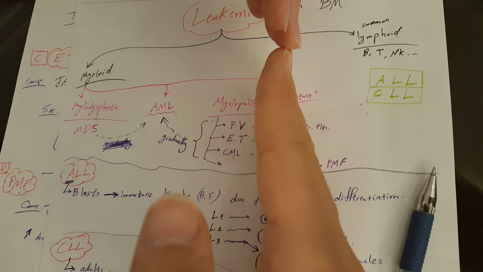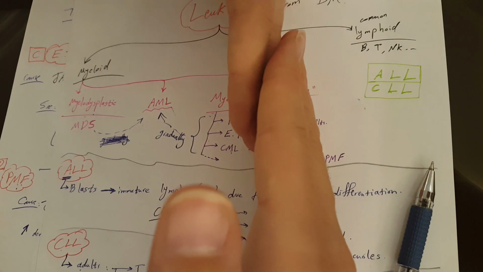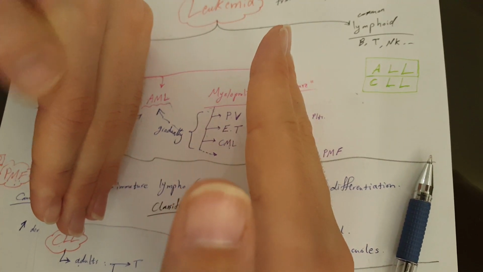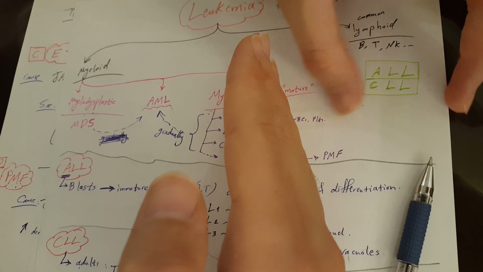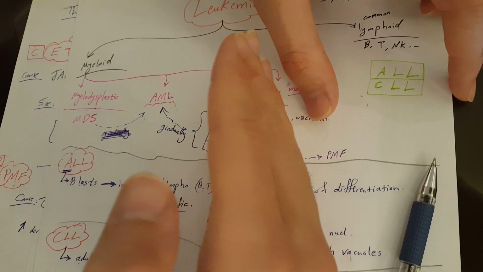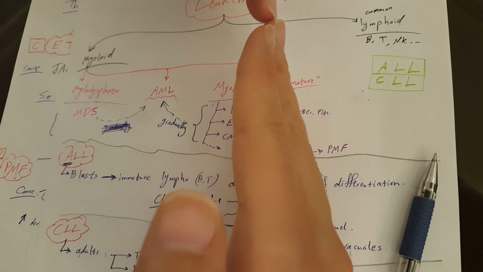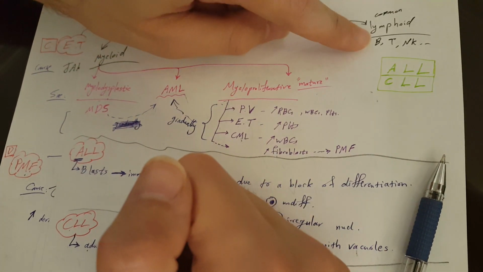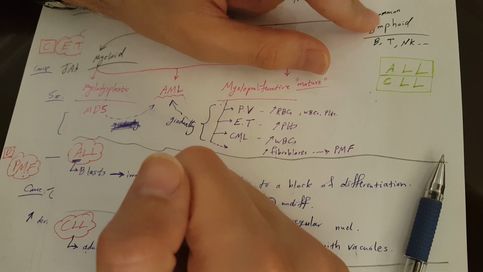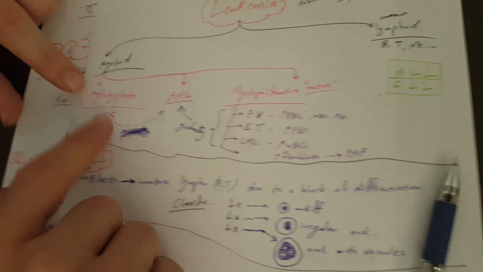If they do not differentiate, then you have accumulation of the earlier cells, and there's a lack of the cells that come after, the mature cells. But if they differentiate abnormally, then there's a whole new line of abnormal cells, okay? And this is something that happens here.